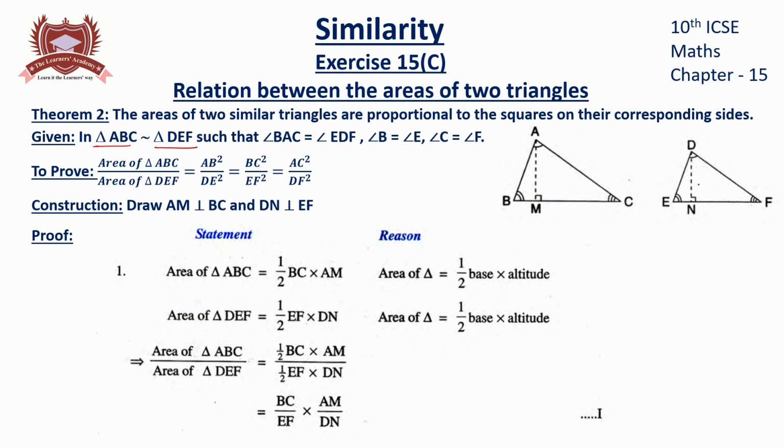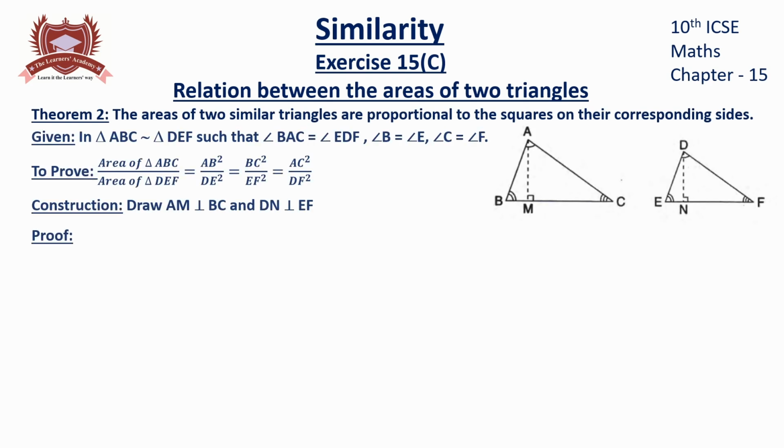Same way for DEF, it would be half into EF into DN, half into base into altitude. So if you take the ratio of their areas, we'll get area of triangle ABC upon area of triangle DEF would be half times BC times AM upon half times EF times DN. So the half will cancel out, and we'll be left with BC upon EF multiplied by AM upon DN. Now this is my first statement.